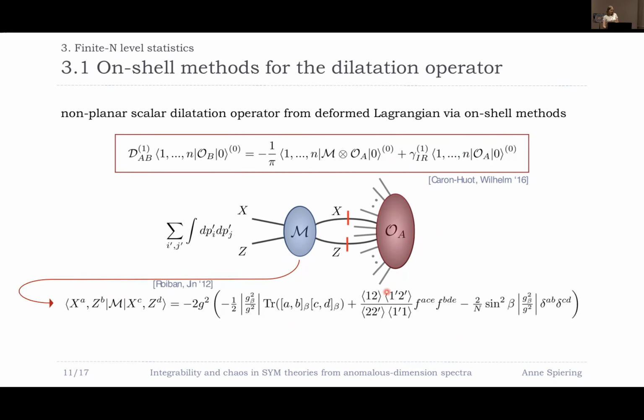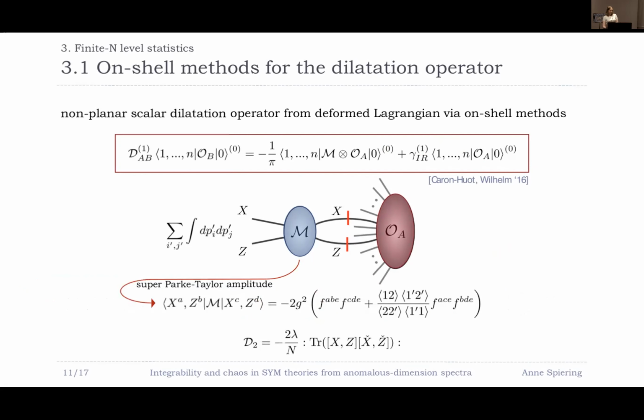And this amplitude now has 3 terms. This term here gets just inherited from the undeformed theory. So this is exactly this term here. And this again just gives rise to an infrared divergence that cancels this infrared divergence. And then there's also this single trace term that is the deformed version of this.